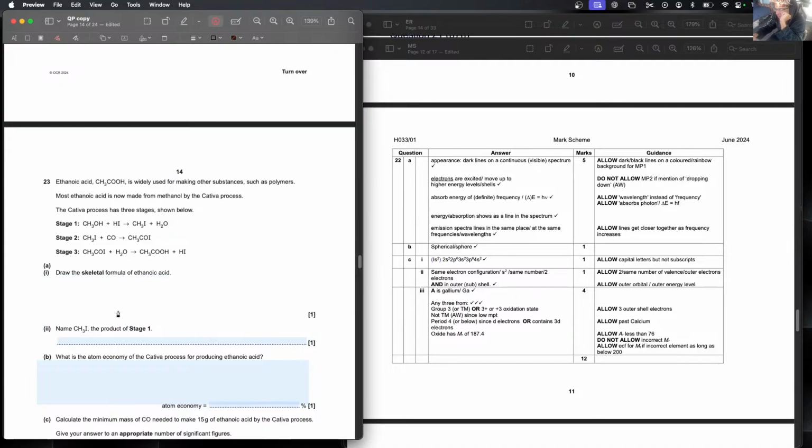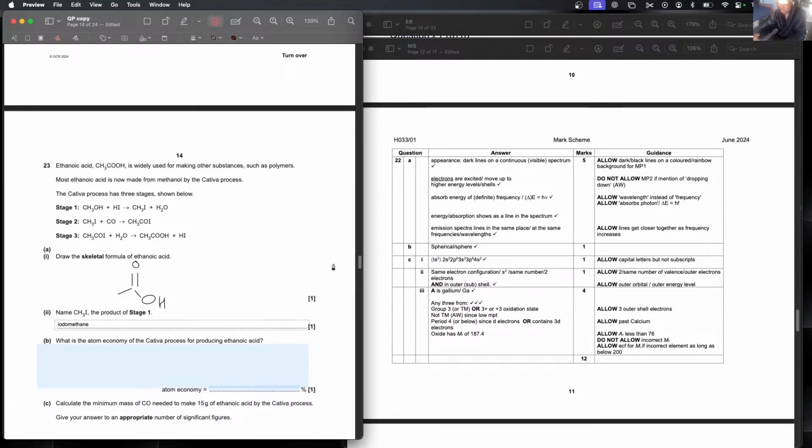Okay, this should be easy. This is just biomethane.